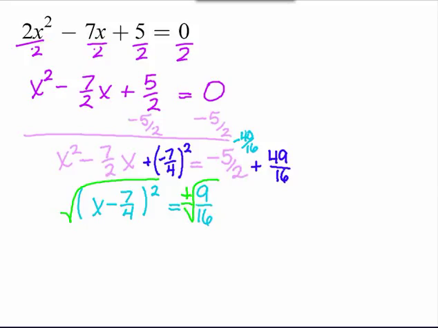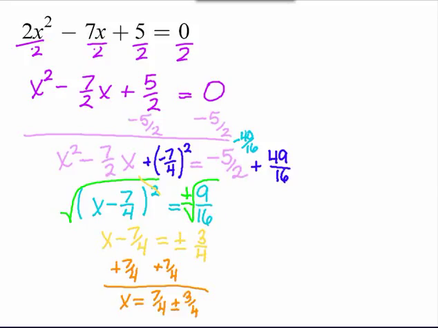So on the left, I get x minus 7/4. On the right, I get plus or minus what? 3/4. Good. Final step will be to add 7/4 to both sides. So if I add 7/4 to the left and to the right, I end up getting x equals 7/4 plus or minus 3/4.